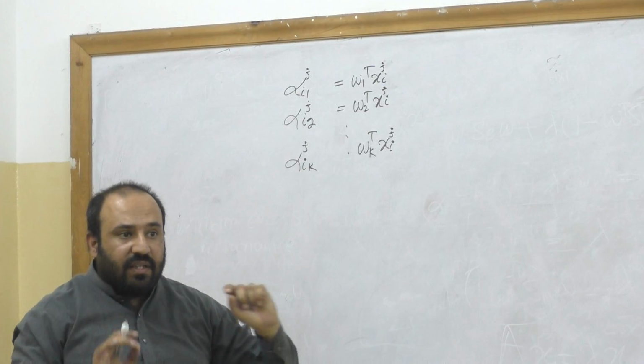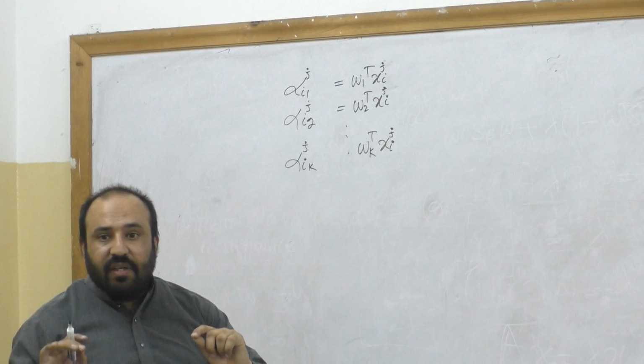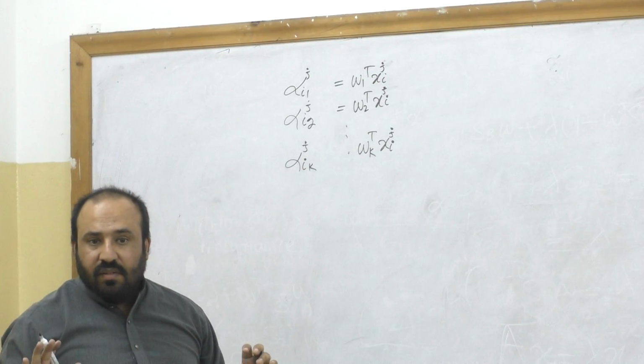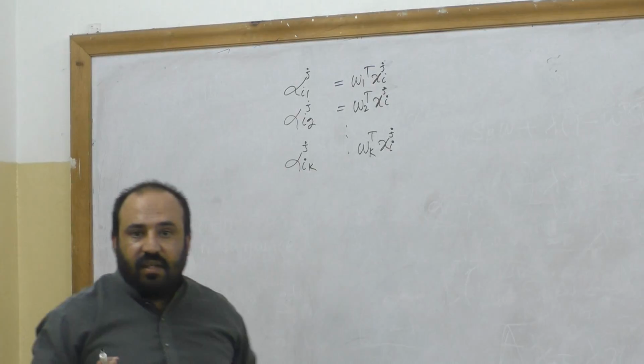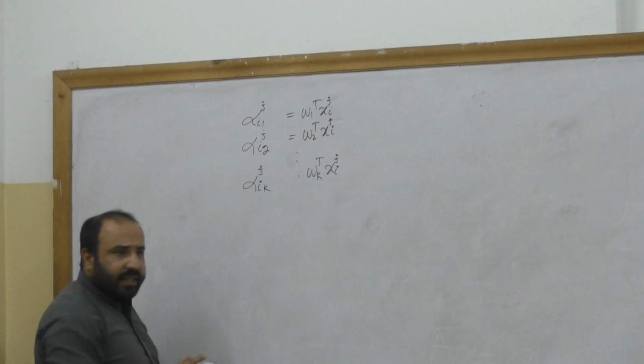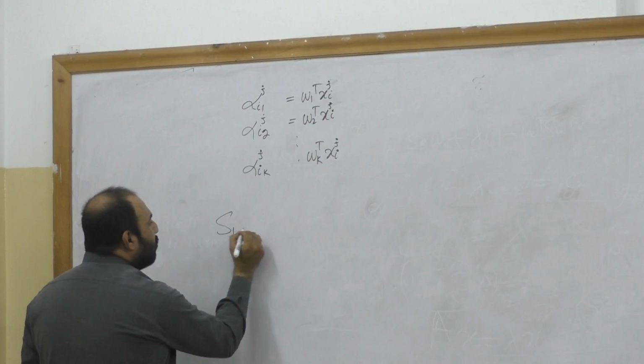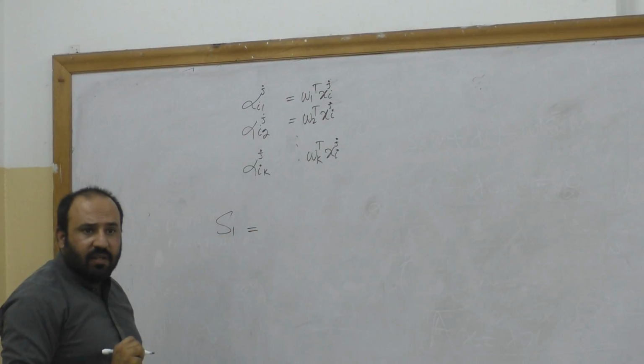But now we have to define the within class scatter and between class scatter in a different way, in the same manner, but the criteria will not be a very simple criteria. It will be a different one. Now, what were you doing earlier? If I computed S1 for class 1, remember S1?